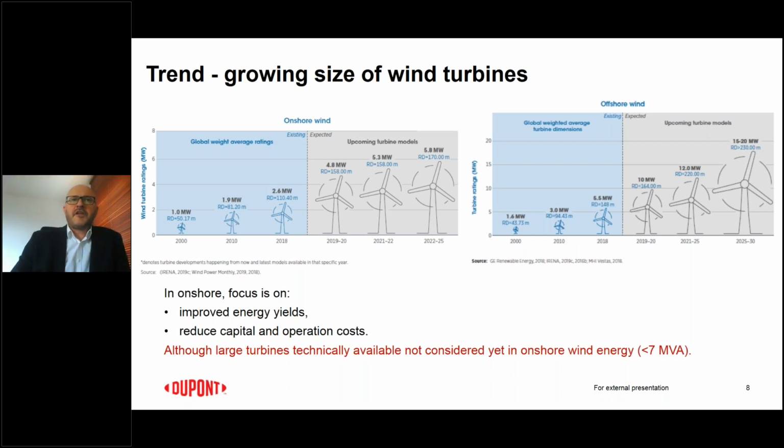It's expected that within a couple of years, the average size, not the maximum, the average size of the onshore wind turbines will be like 5.8 megawatt. This is what we see in that chart from the study of IRENA. And definitely for such turbines, 5.8 megawatt, the transformers would be already above 6 MVA. So that would be 6 MVA transformers as an average for the onshore installation.